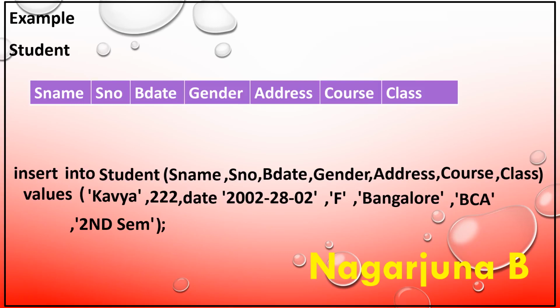There will be no mismatch if you use this particular syntax, and the order will also be correct. You will get no error if you use this format, because you will not make a mistake either with the order or with the data type. So as far as possible, use this syntax for inserting a tuple into a relation.